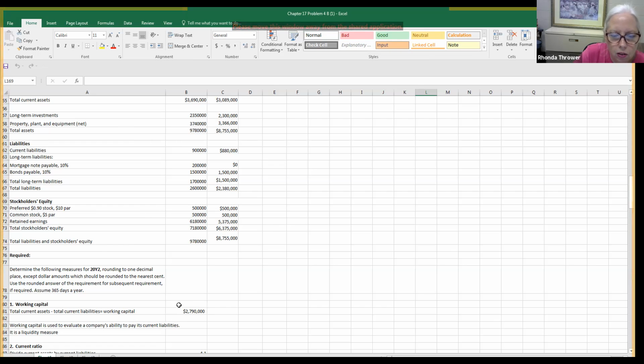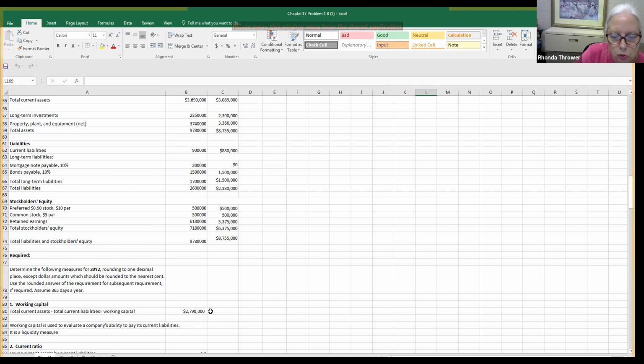You would compare this working capital amount to what happened in the previous year. This will tell you how well your company is going to be able to pay off their short-term debts. So working capital is a measure of liquidity, and liquidity is the ability of the company to convert its assets to be able to pay back its short-term debt.